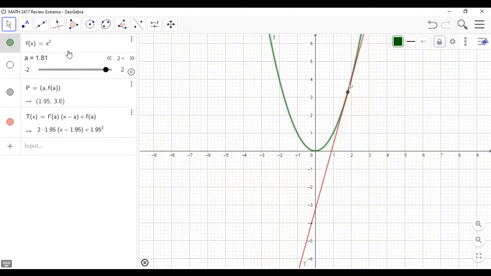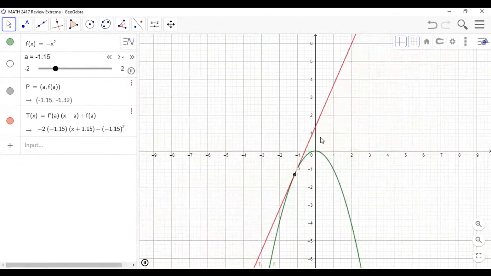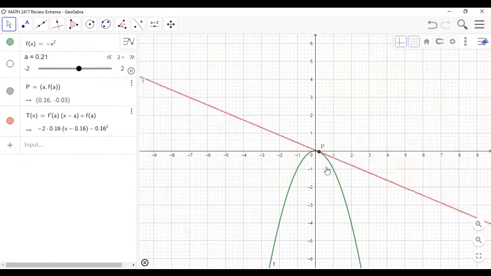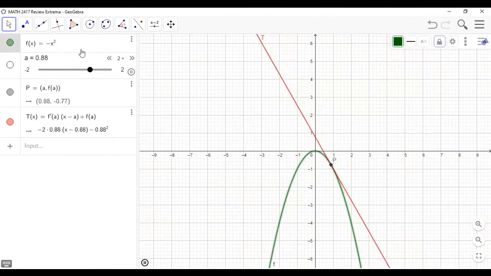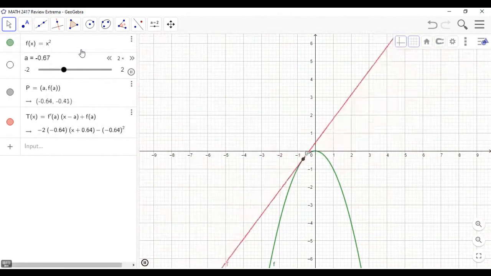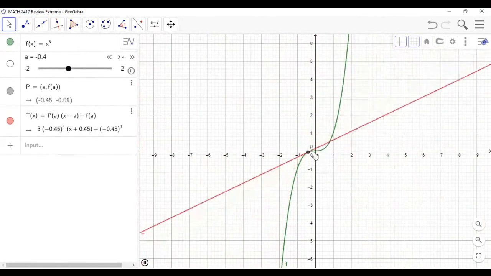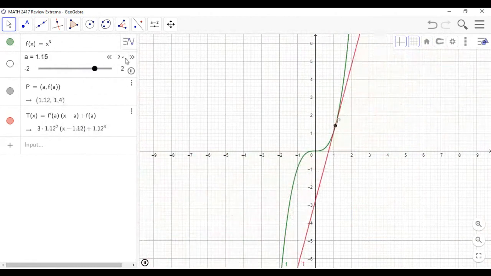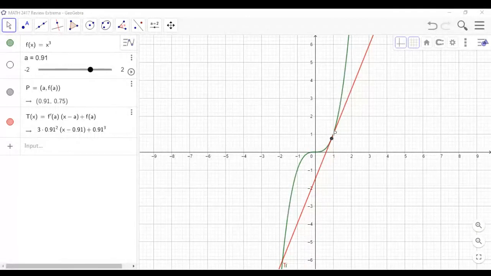And whenever you have a function switch from a positive slope to a negative slope, as you have here, you're going to have a maximum. And if you have a function that does not actually change the sign on the slope, that is going to be neither a maximum nor a minimum. Let's go ahead and do some example problems.